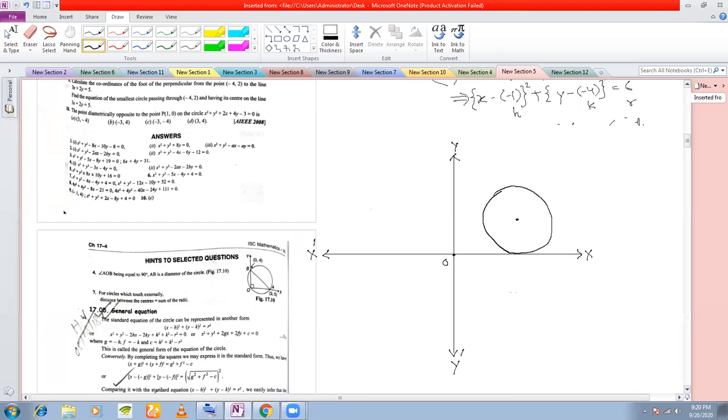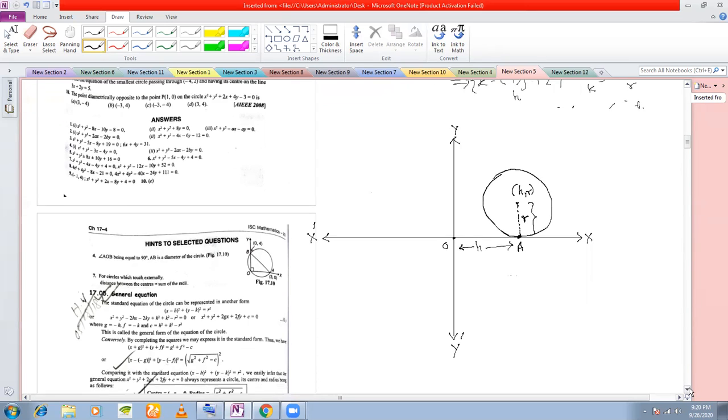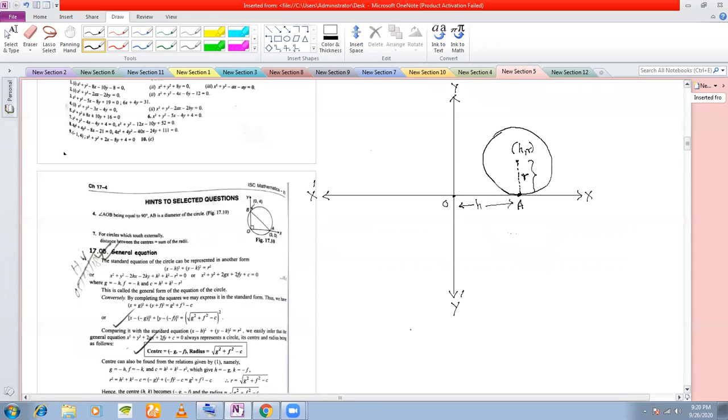It touches the x-axis at say this point, the point A. Then what should be the equation of this circle? If the radius of this circle is r, then what is this length? This length is r, and therefore I can take the center of the circle as (h, r), because h is your x coordinate, and this r becomes your y coordinate.